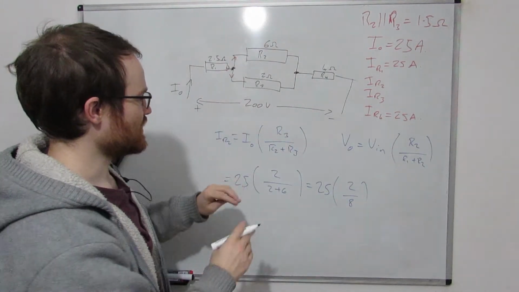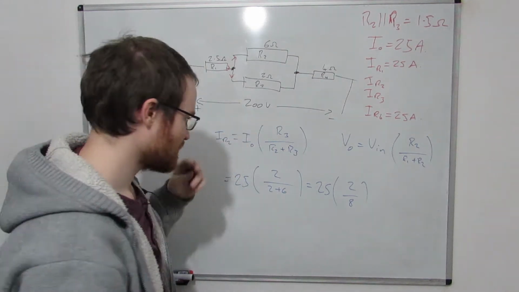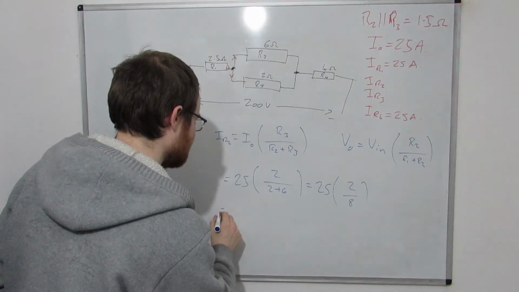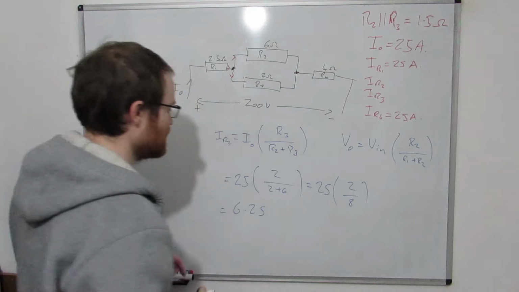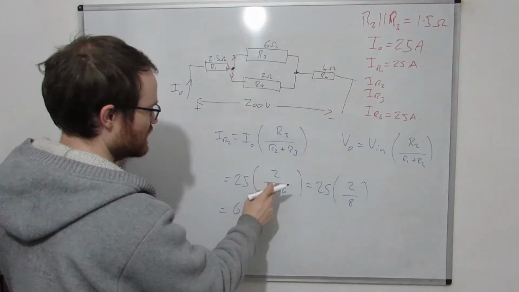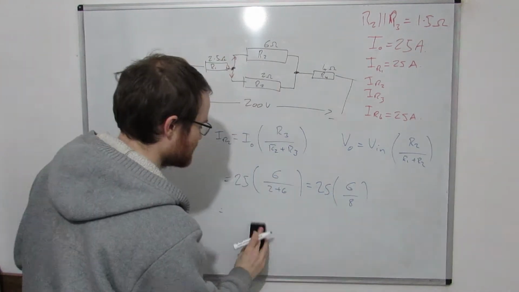So you're basically saying, what's the current coming in, and what's the ratio of the two resistors? That is 6.25. And then if we change the numbers around, we'll have 6, and this is 18.75.